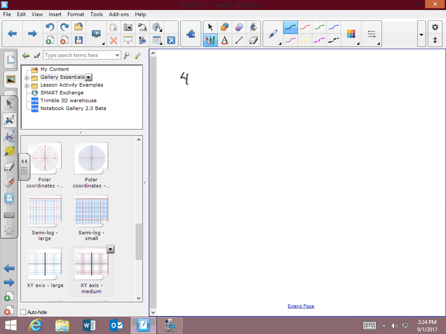48. Now it wants to find the value of k such that those points are collinear. There's an algebraic way of doing it, which I'll show you first, and then there's a graphical way.